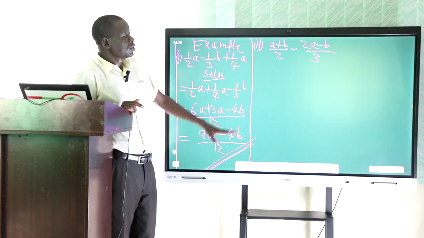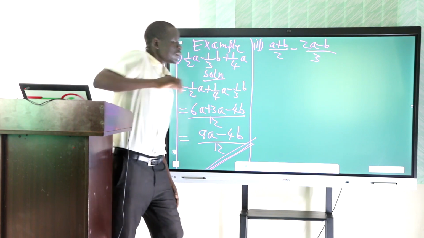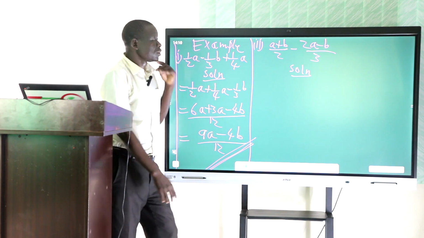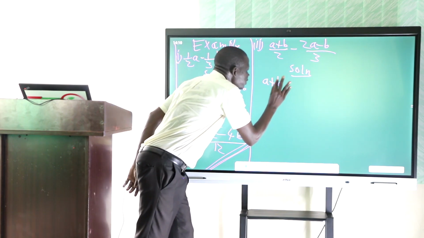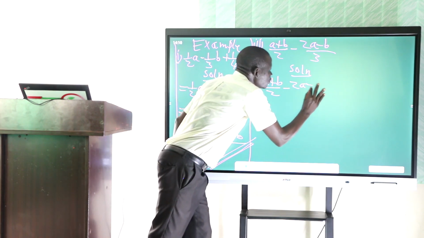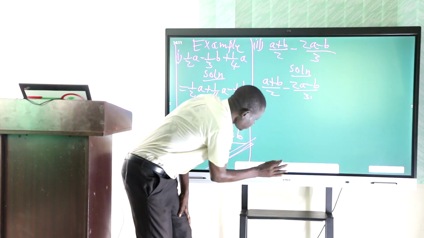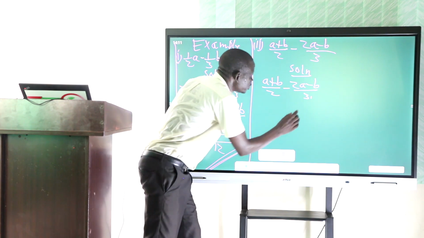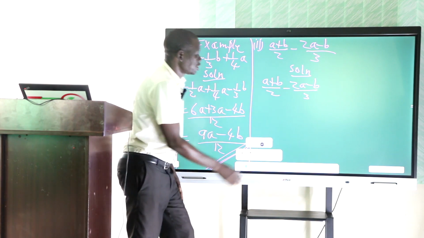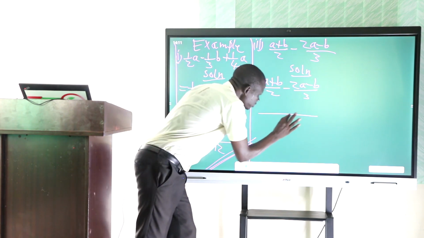The first thing is to get the LCM of 2 and 3, which is equal to 6. So here we have A plus B over 2 minus 2A minus B all over 3. So that we now get the LCM of 2 and 3, which is 6.